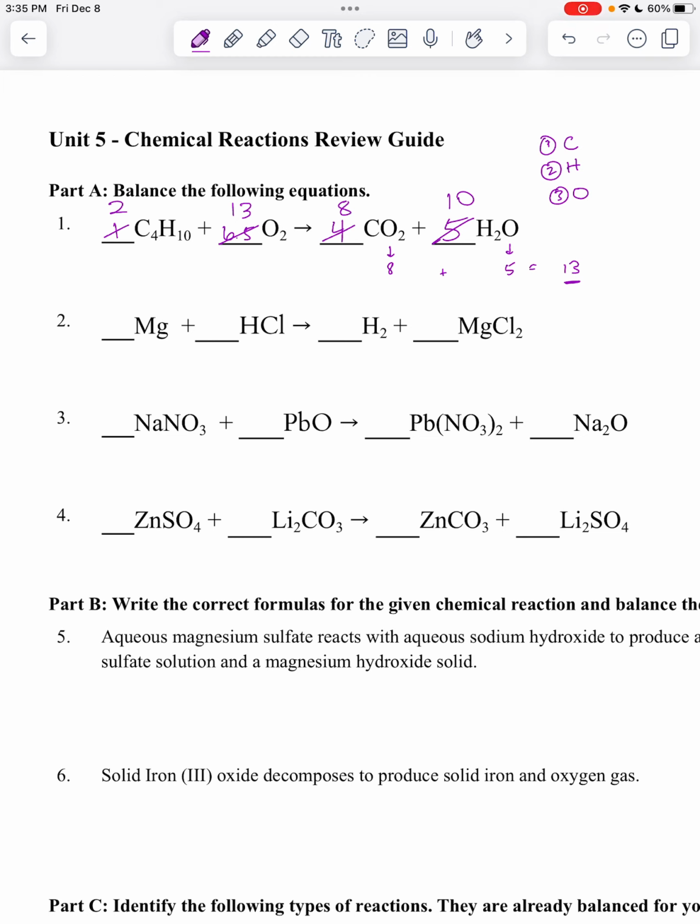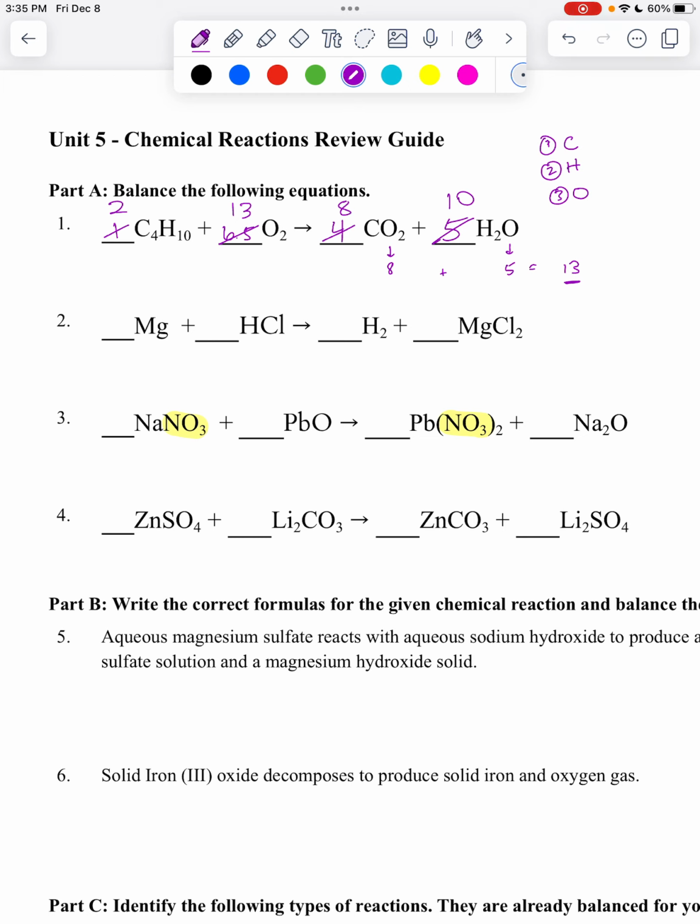So in this case, how about we skip down to number 3, where now I'm working with some polyatomic ions. And these polyatomic ions, if I see them appear on both sides of the equation, they can be treated like one thing, so that instead of balancing, for this instance, nitrogen and oxygen separately, we can actually balance the nitrate group as a whole, make it easier on ourselves.